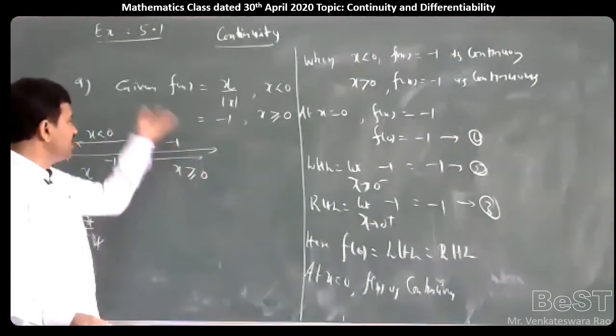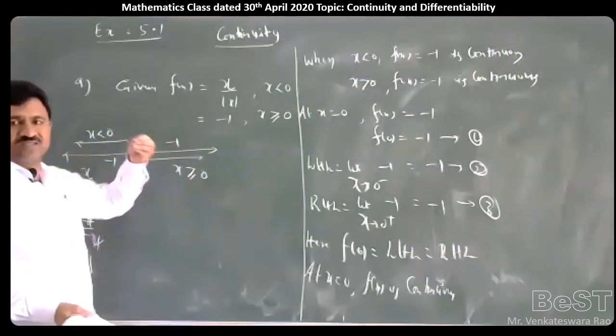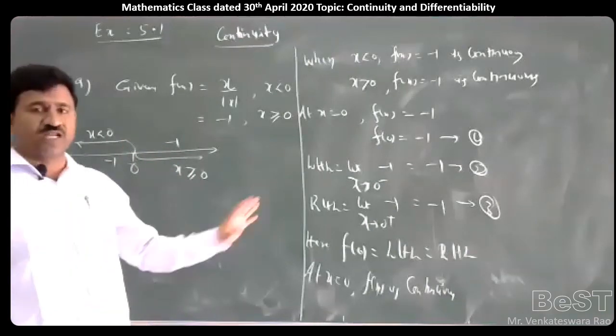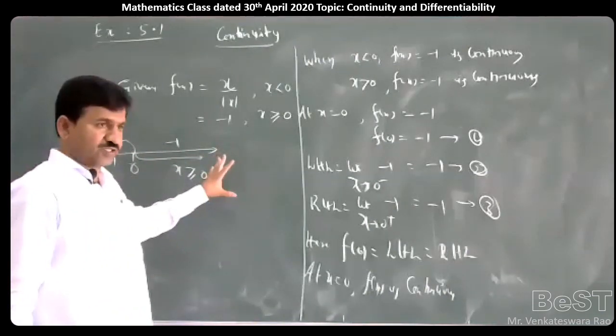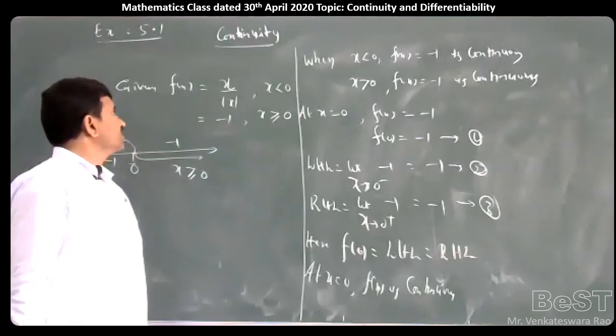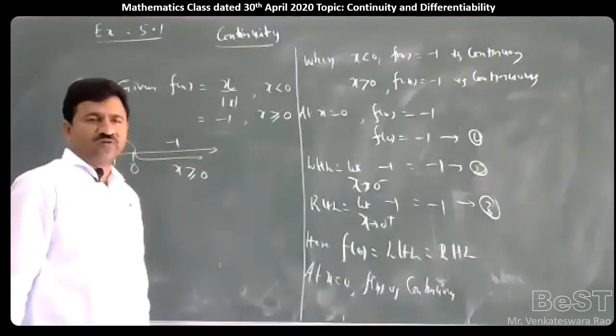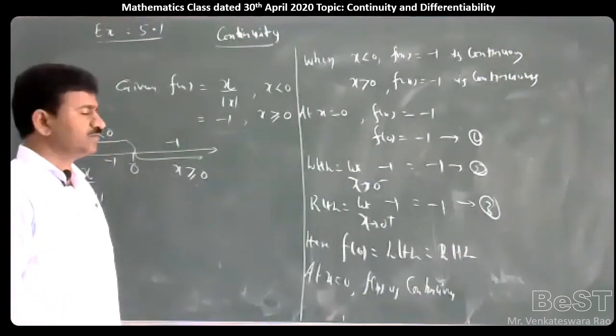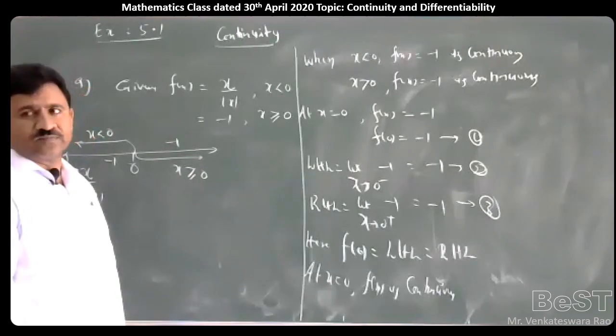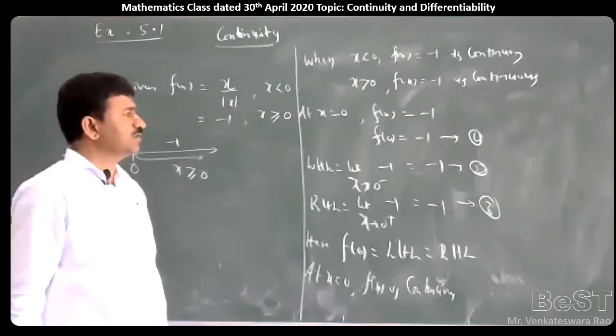When x is greater than 0, it is continuous. At x is equal to 0 also it is continuous. So for f of x there is no point of discontinuity. The set of discontinuities is the null set. It is continuous on R.